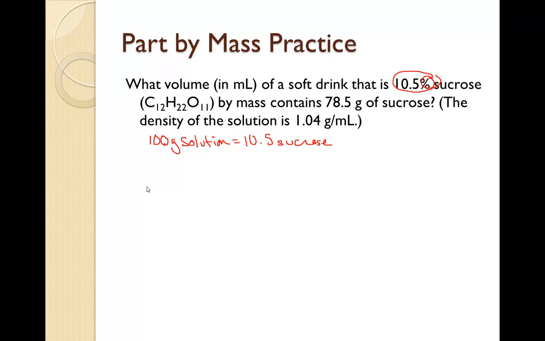We want to know the mass, we want to know actually the volume of the soft drink if it contains 78.5 grams of sucrose. So that's going to be our starting number. That's going to be the number that goes over 1. Grams of sucrose is on the top, which means I want to put grams of sucrose on the bottom.